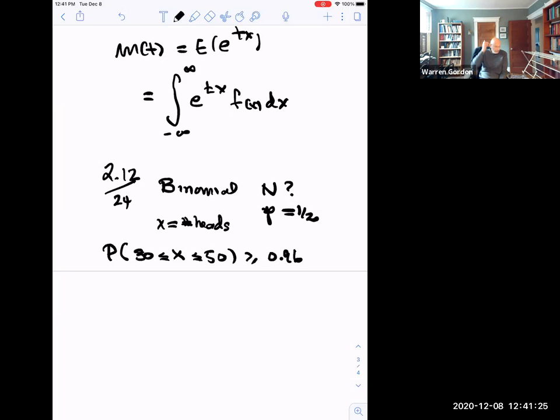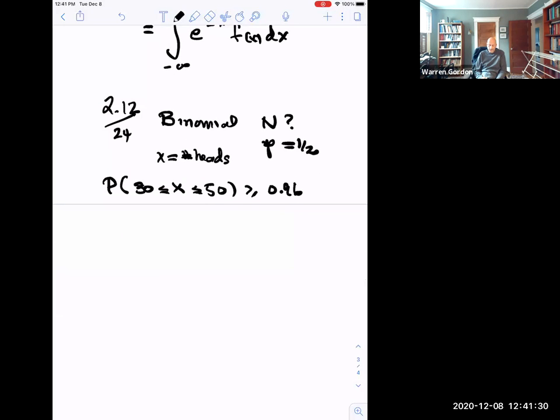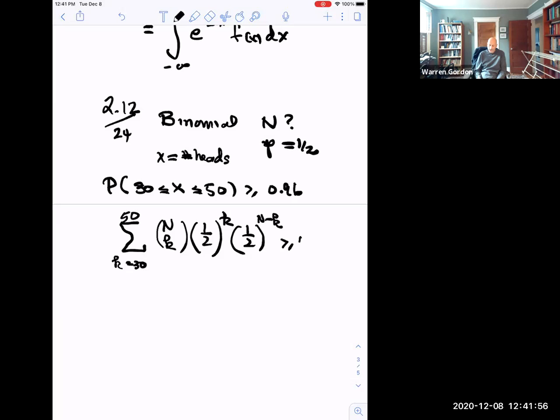This probability is the sum of n choose k, 1/2 to the k, 1/2 to the n minus k, as k goes from 30 to 50, and we want this to be greater than or equal to 0.96.